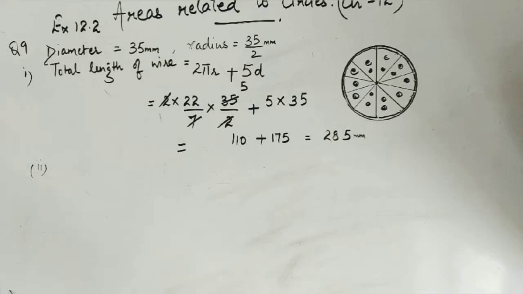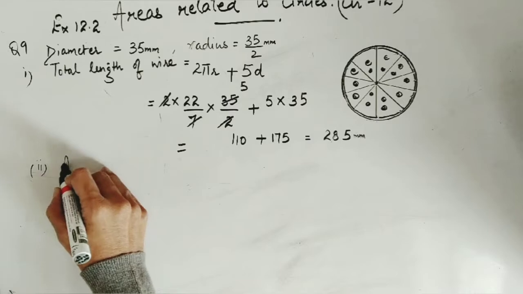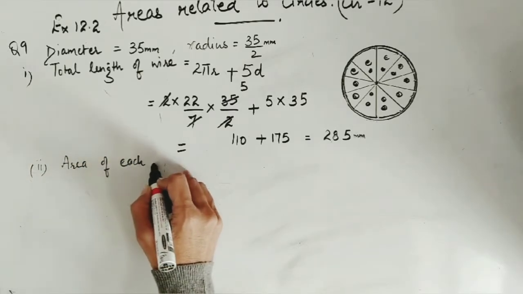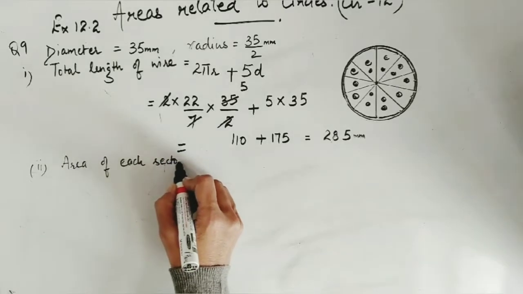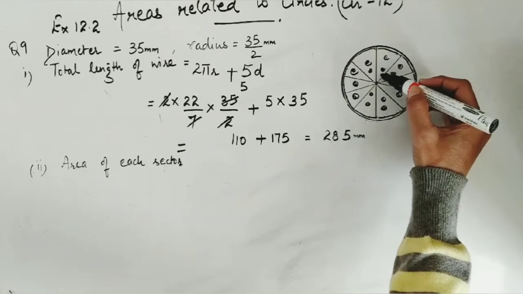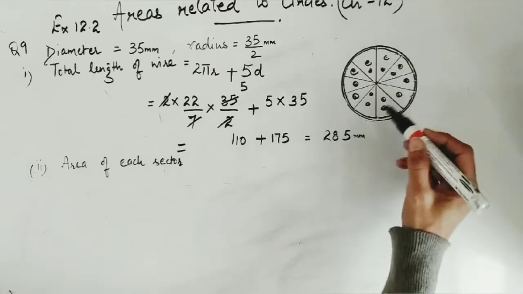Second part demands the area of each sector. Now we know, since diameters are made, how many sectors do we see?